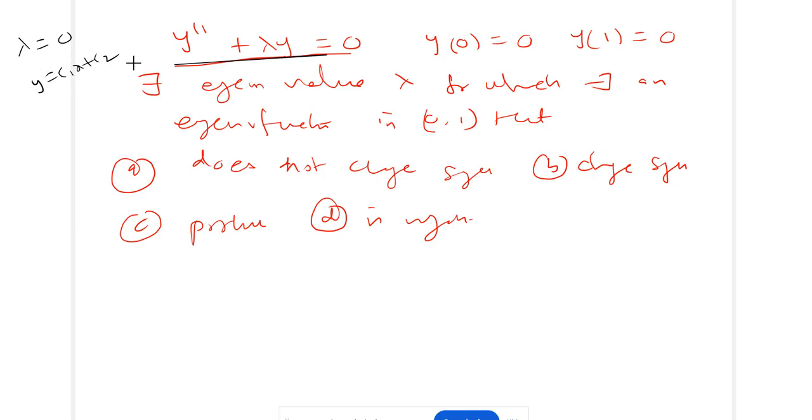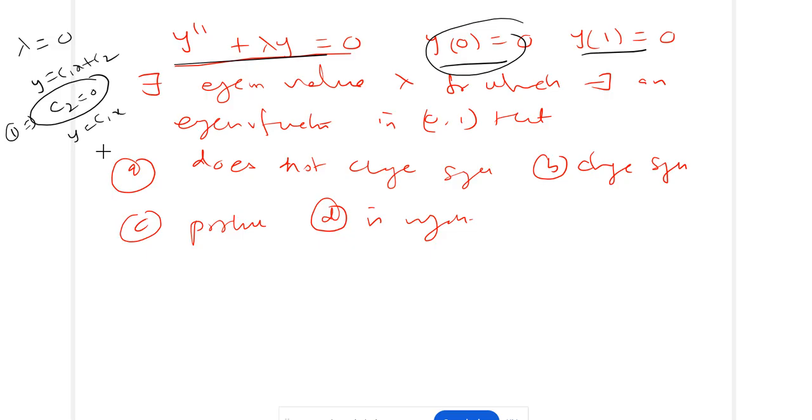When we apply the initial conditions y of 0 equal to 0, y of 1 equal to 0: the first condition gives c2 equal to 0, so y equal to c1 x. Applying the second condition, x equal to 1, y equal to 0, gives c1 equal to 0. So the solution is the trivial solution y equal to 0 under this condition.